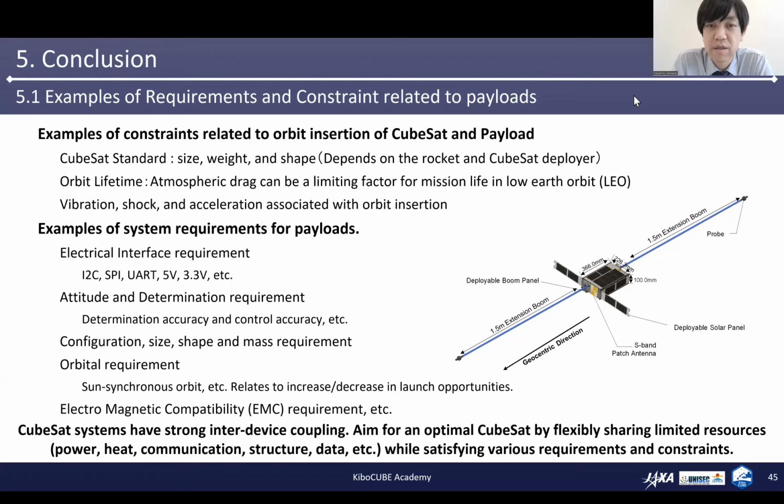There are system requirements for successful payload operations. For example, electrical interface requirements such as I2C, SPI, UART communication protocol, 5 volt, 3.3 volt power supply, etc. Attitude determination requirements such as determination accuracy and control accuracy, etc. Configuration, size, shape, and mass requirements.